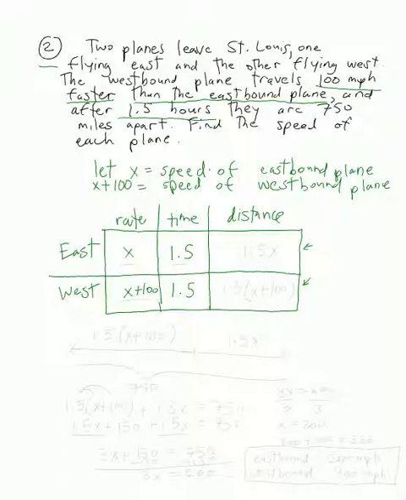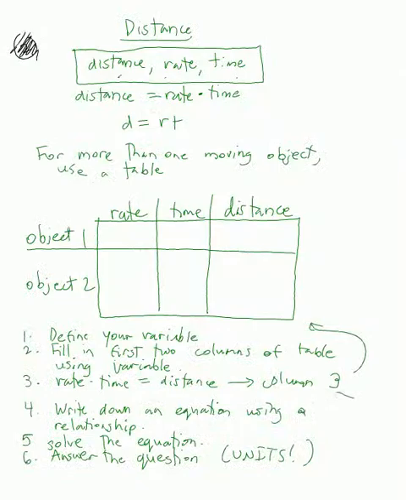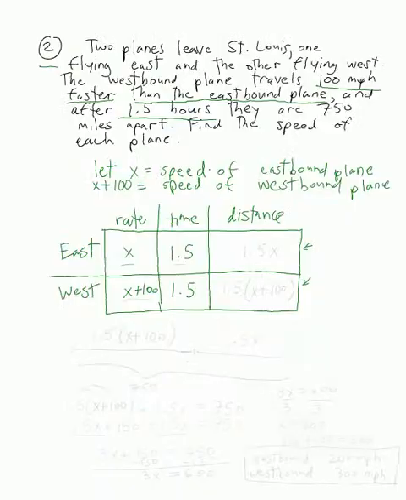So look over here. It says rate times time equals distance, and that's what goes in column 3. So I'm going to do rate times time. So x times 1.5 is 1.5x, and that's my distance. This one's going to be 1.5 times x plus 100.